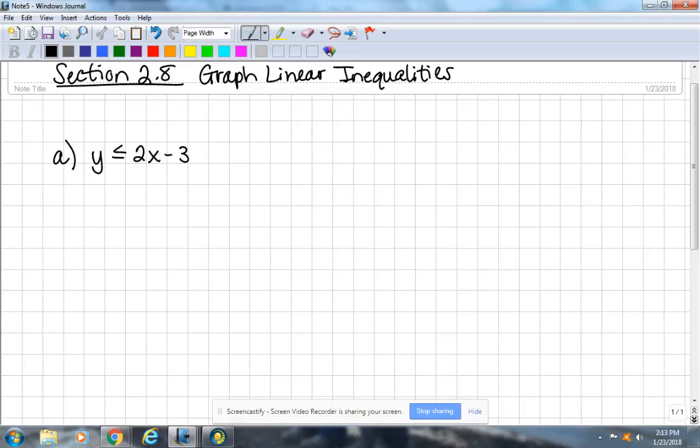Another thing we need to note: if we have a less than or a greater than, we will use a dotted line. And if we have a less than or equal to or a greater than or equal to, we will use a solid line. So this graph, example A, is going to have which one? Solid. A solid line. That's right.